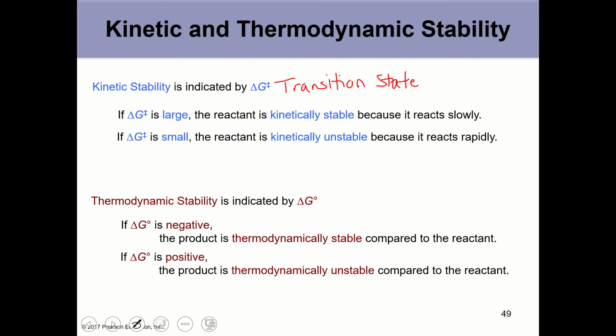And kinetic stability, we have large kinetic stability, which means that it's going to be immovable or reacts more slowly. So a higher value is a large kinetic stability, while a smaller delta G is a reactant that is kinetically unstable. And remember, kinetics is movement. So if it's kinetically stable, then it has less movement or slower.